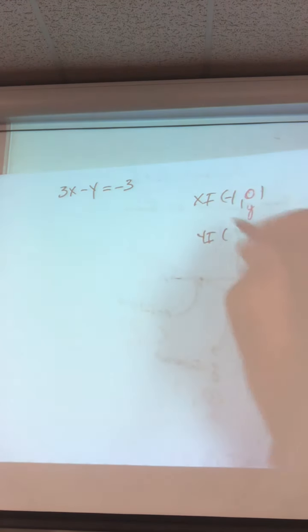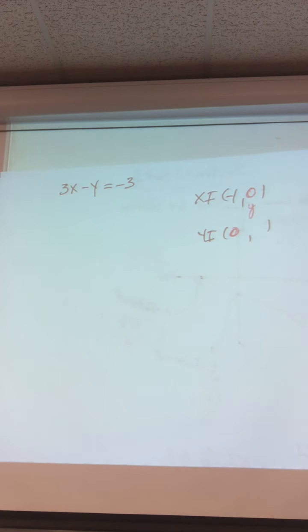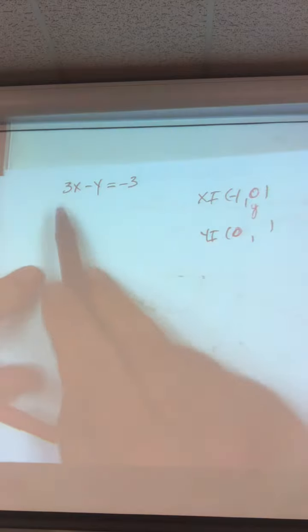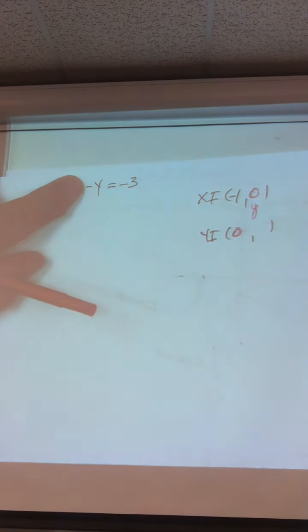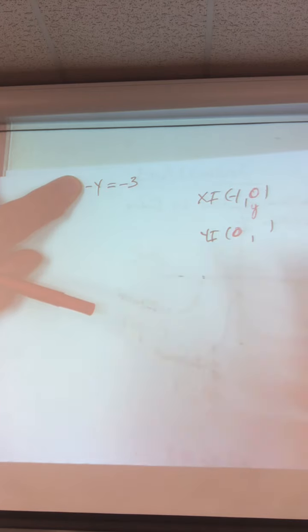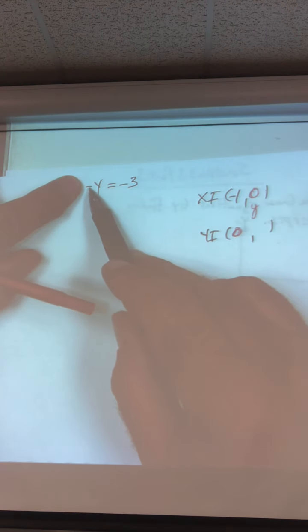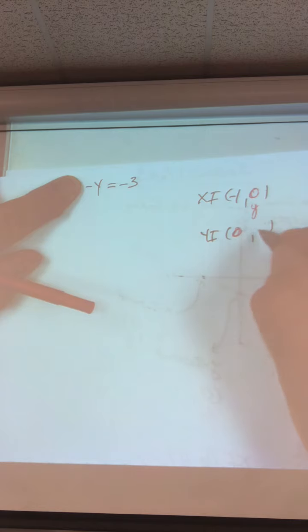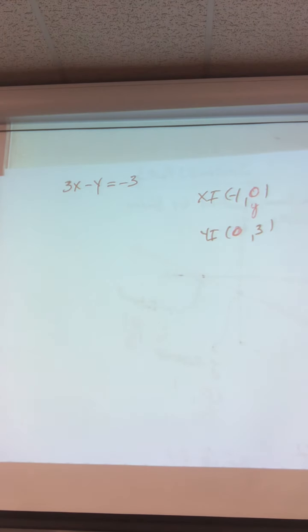Now, how do I find the y-intercept? You let x be 0. If I let x be 0, 3 times 0 is 0. So you have -y equals -3. Divide both sides by -1, and you get y to be +3.